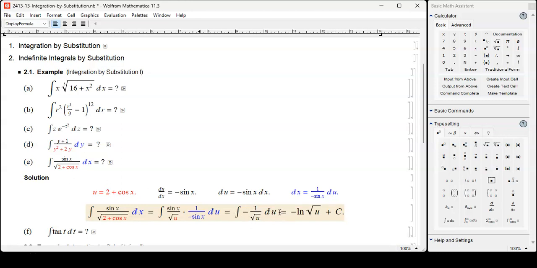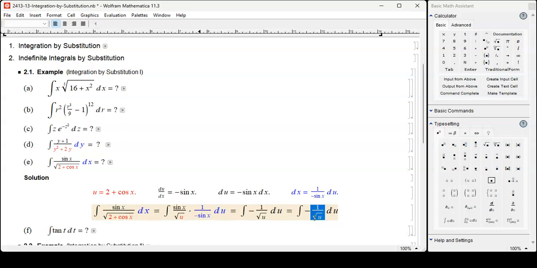This, as a matter of fact, is a power function. Not the reciprocal function, a power function. u to the negative 1/2 power function. Why negative? Because u is coming from the denominator. Why 1/2? Because it's square root. And this negative, of course, coming from this negative, which was there before.